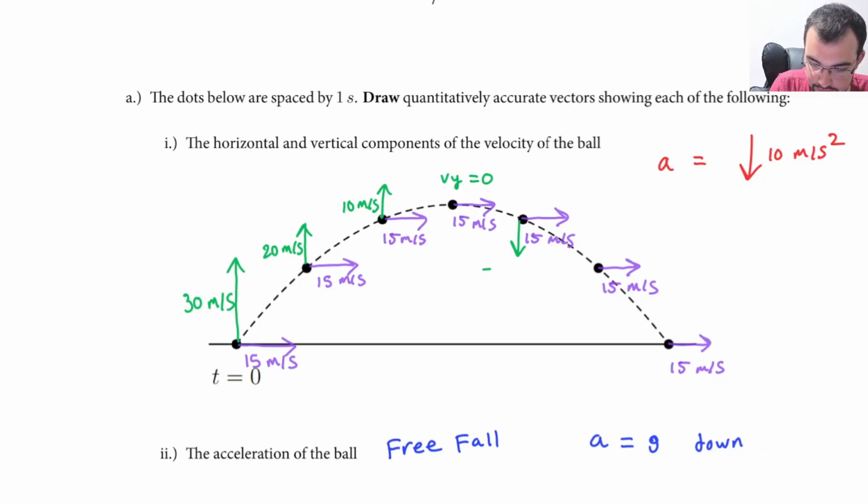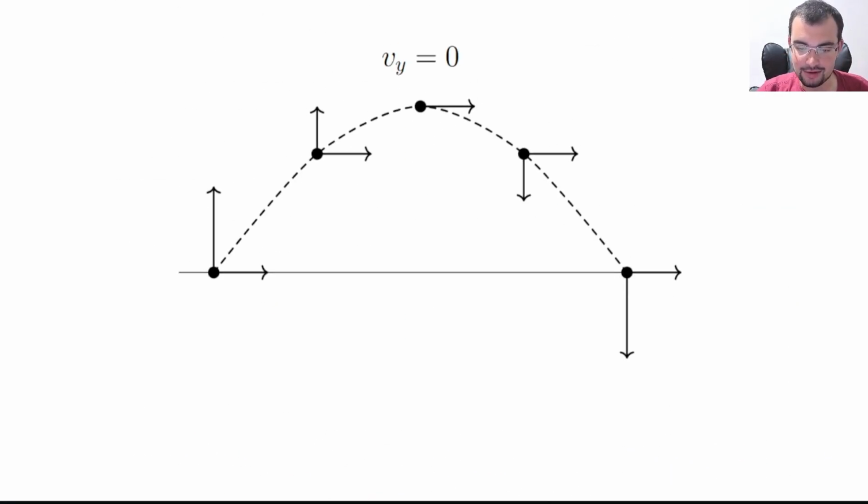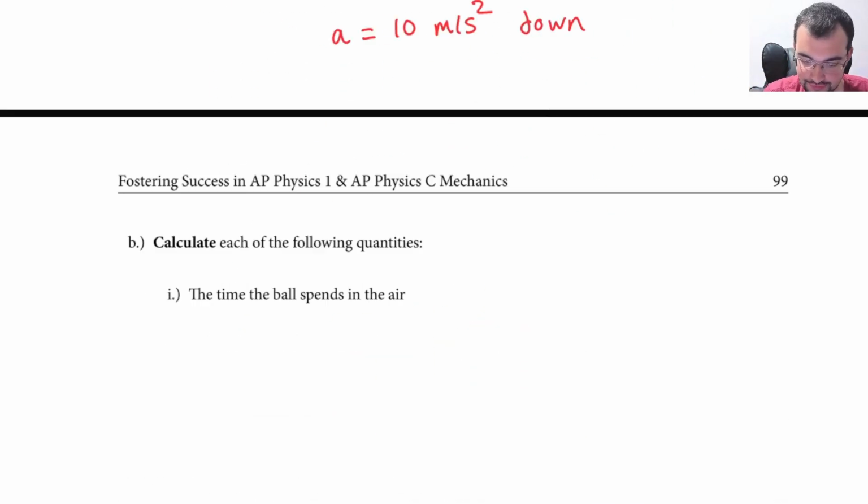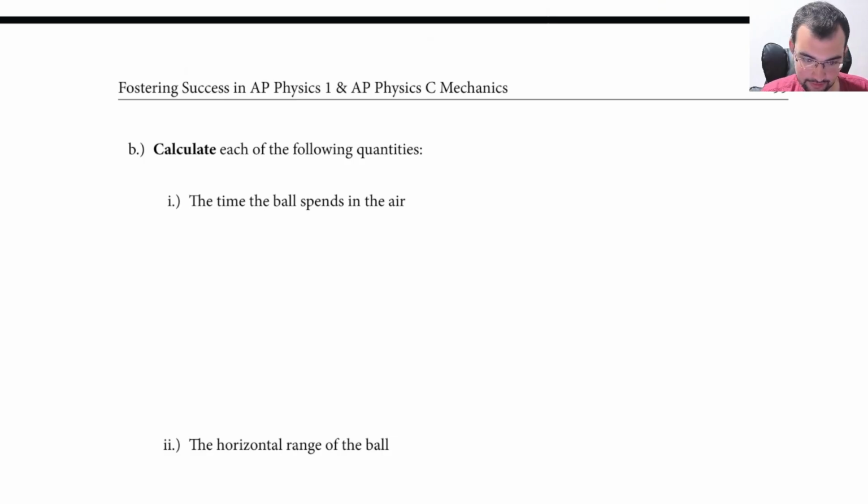Then we get negative 10. No, I shouldn't write negative 10. Directions already encoded. 10, then 20, then 30. So notice we get our nice expected mirror pattern that we see in the figure above. So we count by g's, or count by negative 10s vertically, and we count by nothings horizontally, because gravity does not act horizontally. Let's calculate everything.